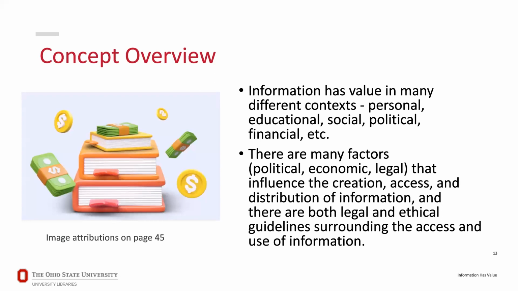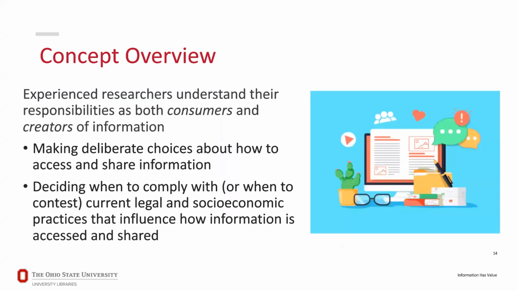Of course, information has value. But when you jump into it, there are so many different aspects of it, and so much of it is really complicated when we think about all of the economic, legal, and political factors around information, what adds to the value of specific types of information, and what means that certain information is not accessible to certain people. There are a lot of factors that really go into this concept.